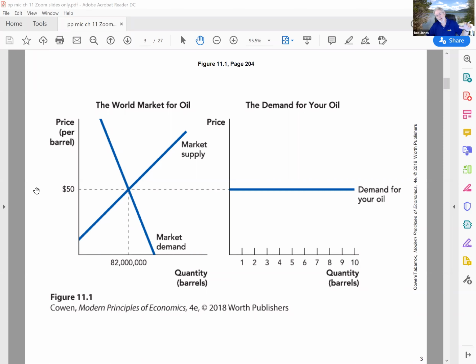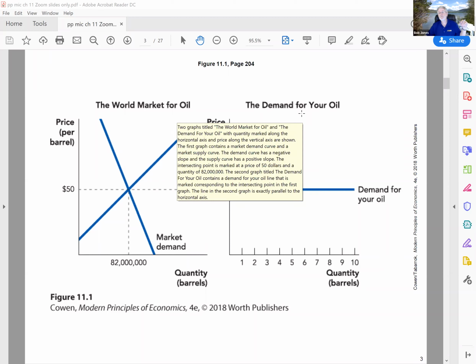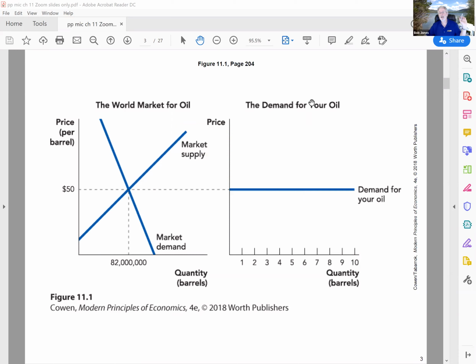And if it's completely horizontal, what does that tell you about the elasticity of demand for this producer's oil? Is it highly elastic or highly inelastic? It'd be highly elastic demand for your oil. You're one producer.